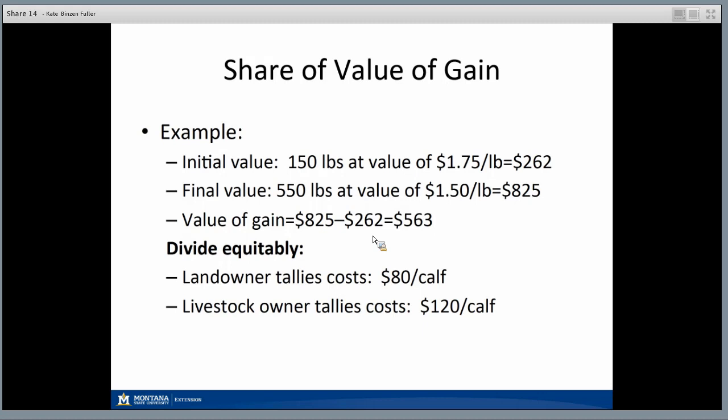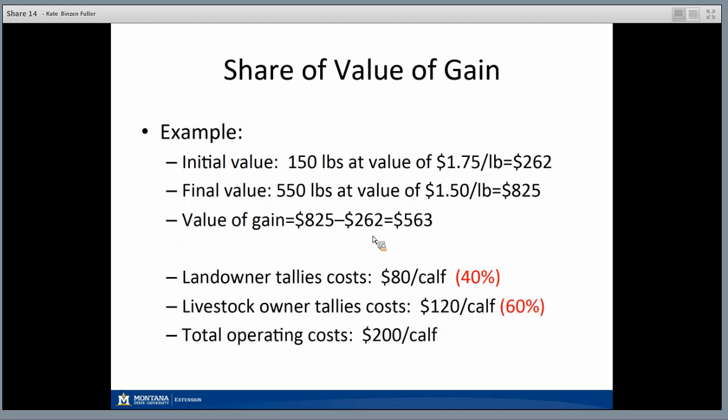And now we're going to divide that up equitably. So what equitably means is by those contributions that we already figured out. So the landowner is going to tally their costs. That's going to come to $80 per calf. And the livestock owner tallies their costs, and that comes to $120 per calf. So the landowner's portion of the costs is 40%.